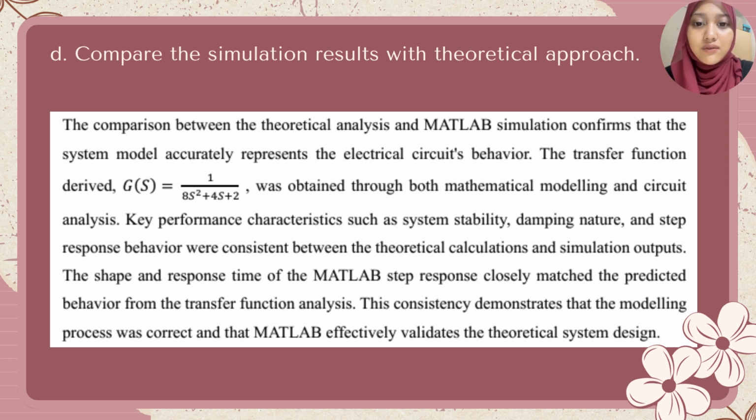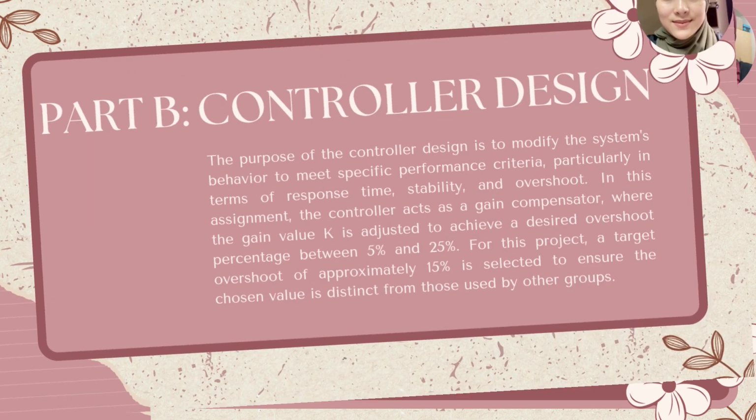The shape and response time of the MATLAB step response closely matched the predicted behavior from the transfer function analysis. This consistency demonstrates that the modeling process was correct and that MATLAB effectively validates the theoretical system design.